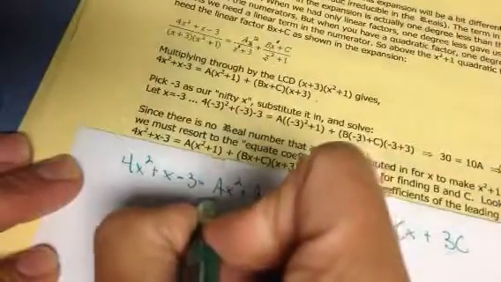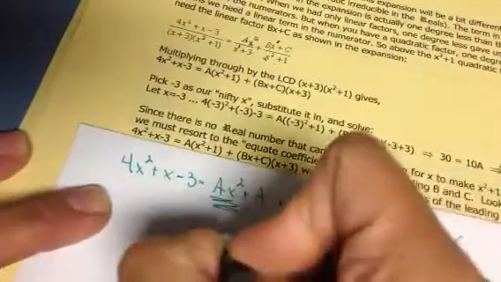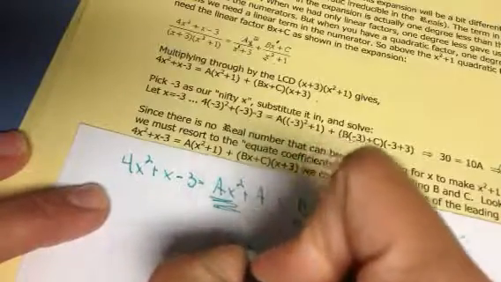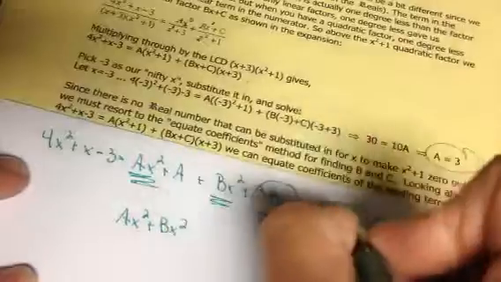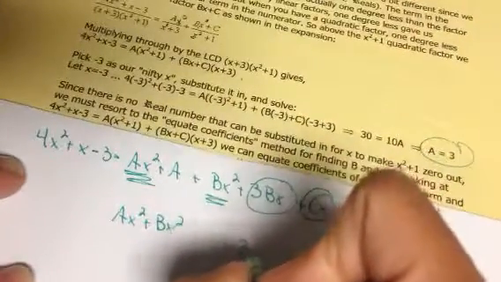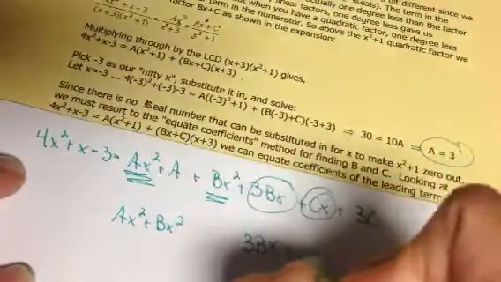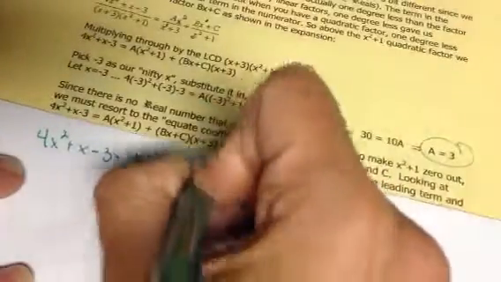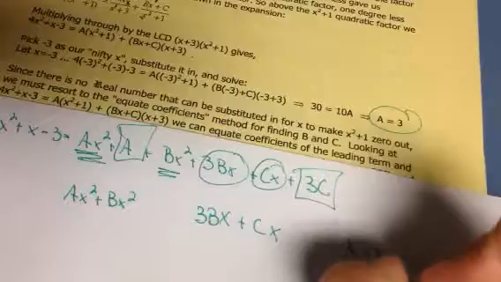And then to make the left side equal the right side, she pairs up her x squareds. So ax squared plus bx squared. I'm going to leave a space. She pairs up her x's, 3bx and cx, and then anything that doesn't have an x, so a plus 3c.